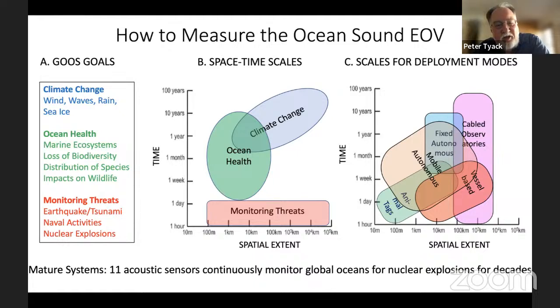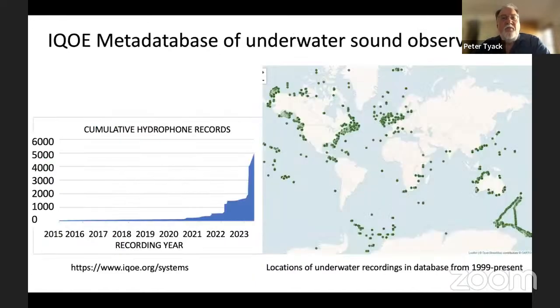This is one of the few modes of monitoring where 11 sensors are sufficient to detect a nuclear explosion that occurs anywhere in the world's oceans. Most other methods require sensors that either move through the ocean or a much denser distribution. So this is a very important element of sound in the ocean.